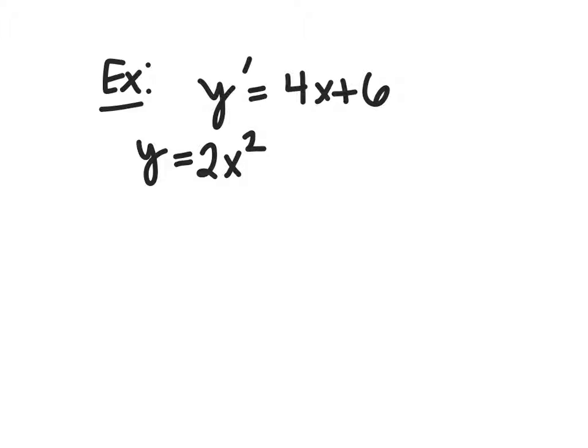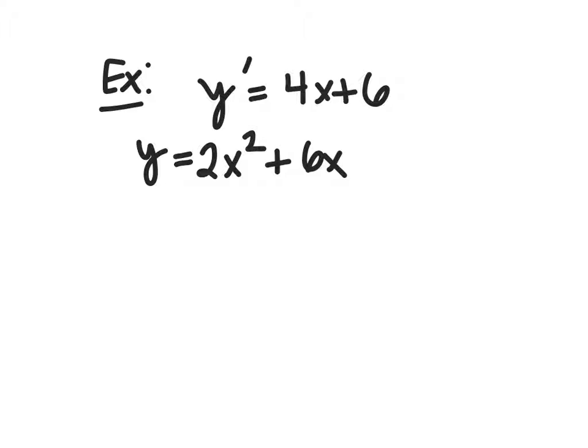If we took the derivative, we would get 2 times 2 is 4, reduce the power by 1, and we get 4x. We're good. To get to 6, what has derivative 6? That's a constant rate of change, so this should just be a line. Reverse power rule tells us x to the 0 becomes x to the 1, and we divide by 1, which does nothing. So we get 6x.